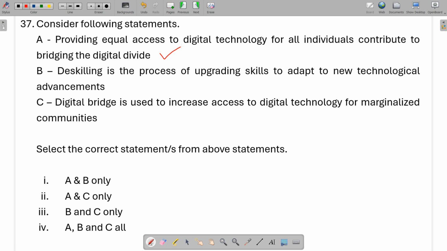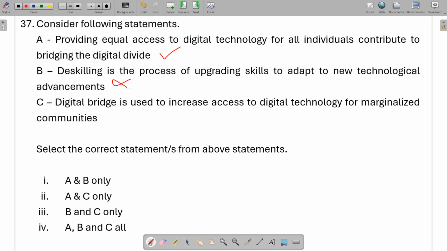So as an example, if you got the painting skills of motor cars, if that painting is done by a machine hereafter, the people will not be getting the skill of painting a car for a long time. So at one certain period, there can be no one there to paint a car by themselves, because it is done by the machine for a long time. So that is what we call de-skilling, right? Since the skill is not being practiced regularly, that skill is being lost by mankind. So what statement B is saying is not de-skilling, so it is wrong.